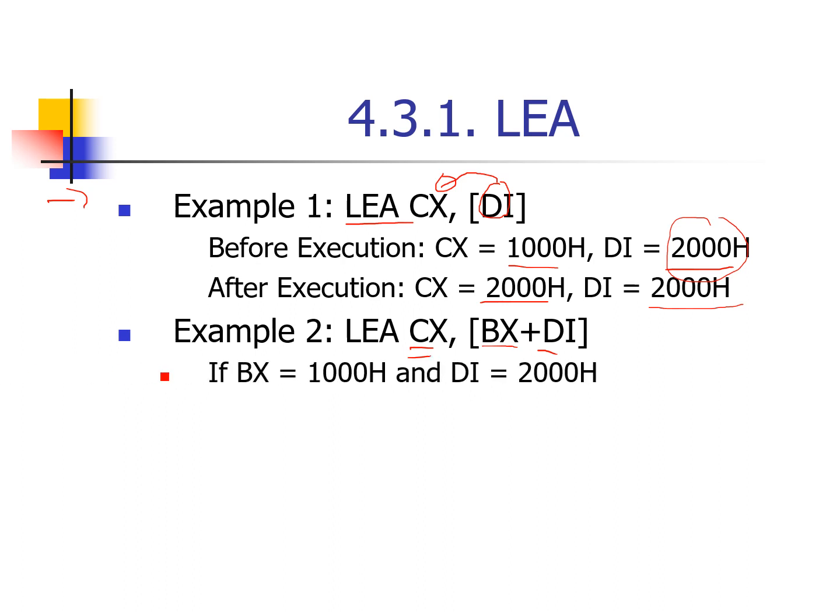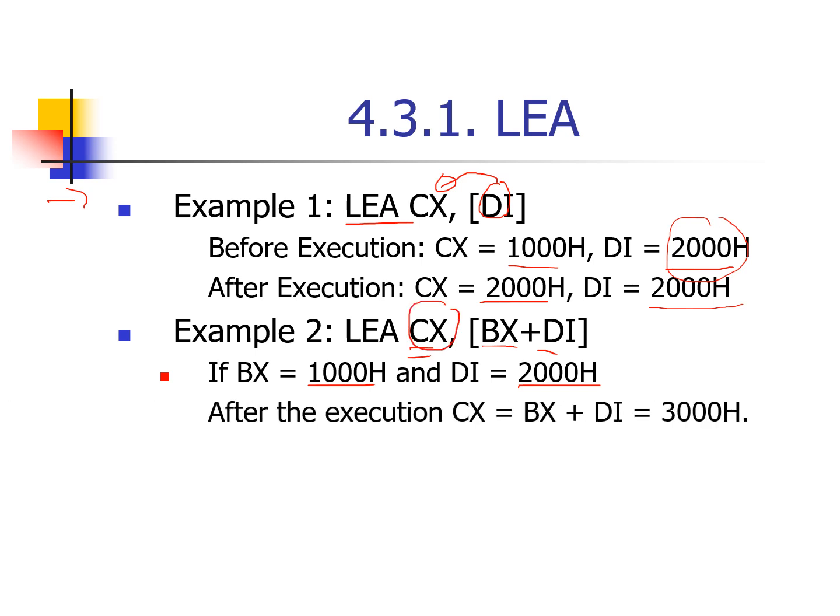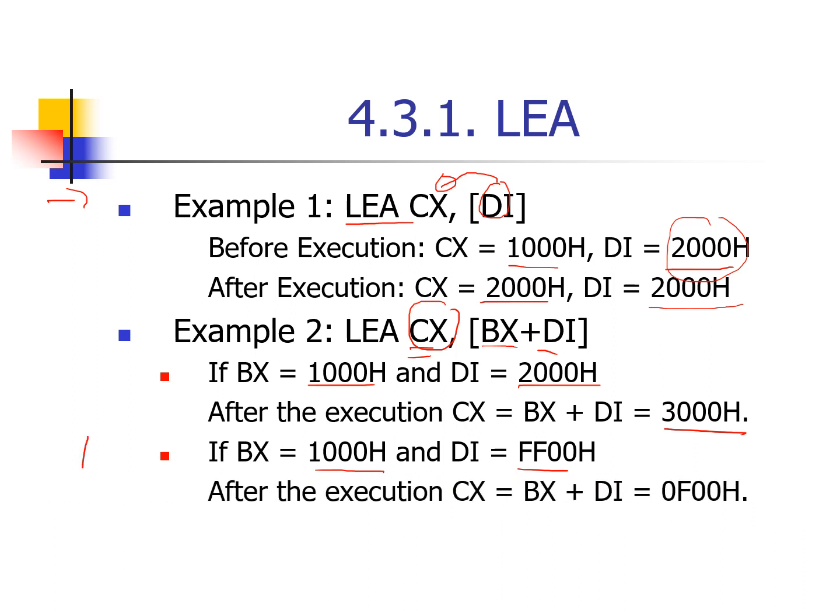So if this is the value inside your BX and this is the value inside your DI, after executing this instruction, your CX will contain 3000, the addition of BX and DI. And if this is the value inside your BX and DI, if you add these together, you would get a carry 1, and you check the value inside your CX, it would be 0F00.